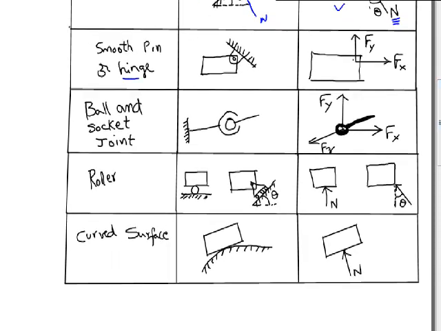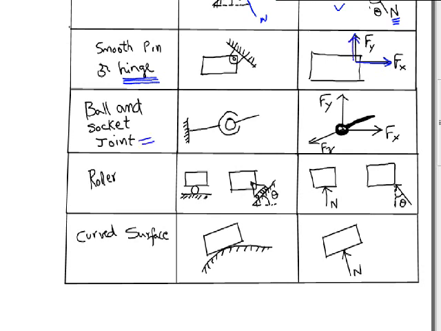Similarly, when you see a hinge, by a hinge I mean a connection similar to the one you have between the door and the wall. A hinge allows only pure rotation. If such is the case, then on the free body diagram you will show 2 reactions, Fx and Fy, as shown here at right angles.